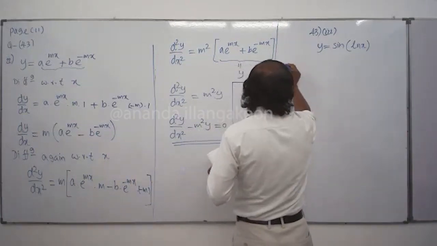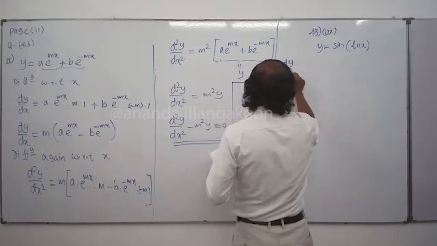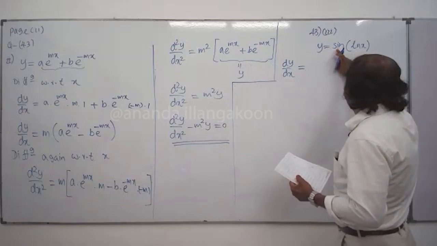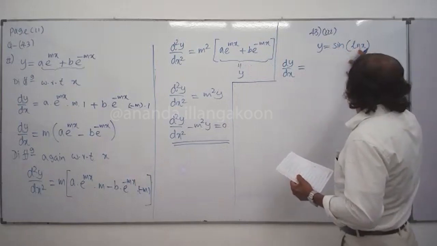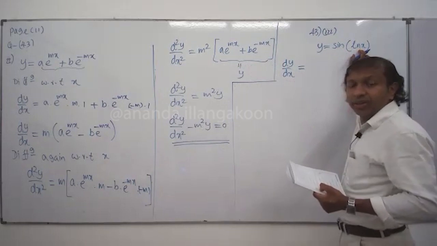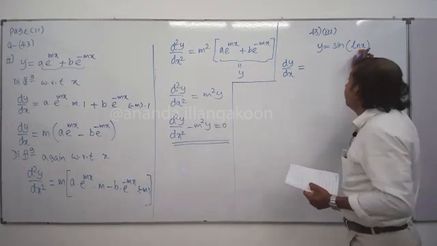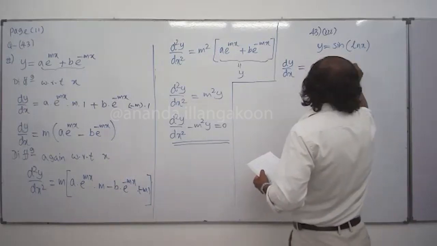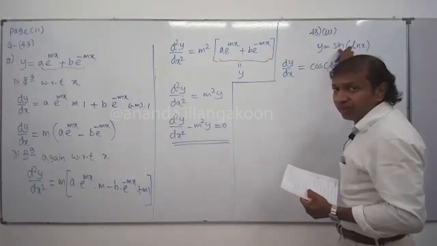First we differentiate with respect to x, dy by dx. First, people, we have to differentiate this sine. While we differentiate this sine, we don't change any function inside that. We have learned that. That comes under the function of a function, right? So the sine derivative is cos ln x. At a time we differentiate only one function.